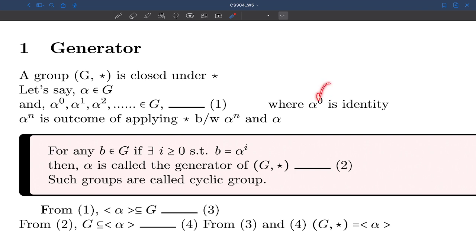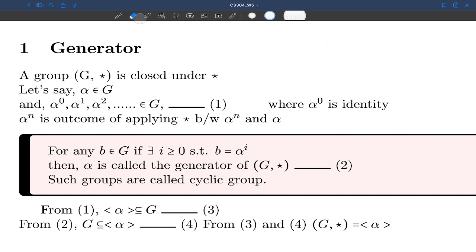If the superscript label is 0, then that element is the identity of my group. And if the superscript label is 1, then I got this number by applying alpha on my identity element.